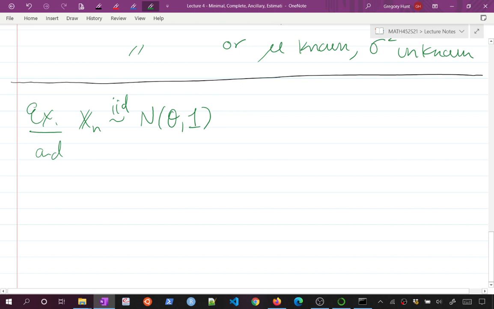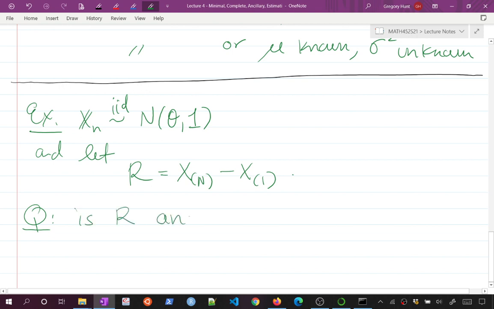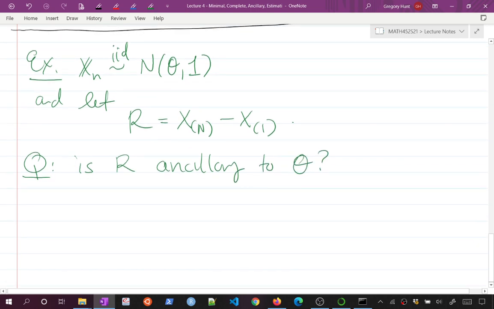And define the range R to be the maximum minus the minimum. So that's our classic definition of the range. And the question is, is R ancillary to theta? Well, I probably wouldn't be asking if it wasn't. It is ancillary to theta.